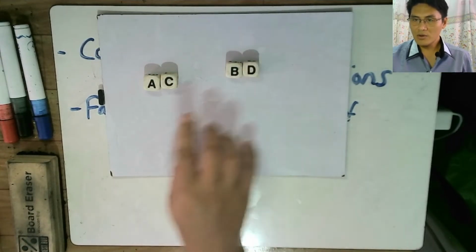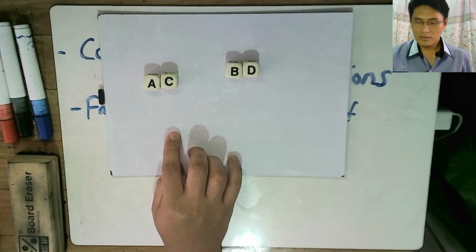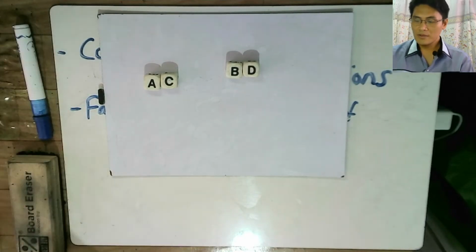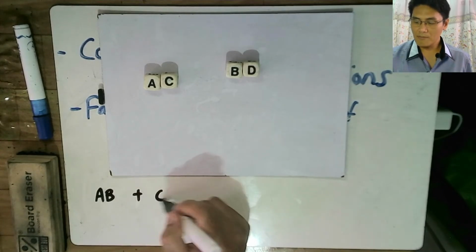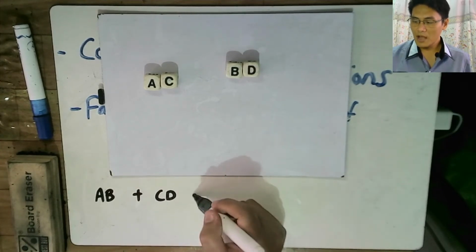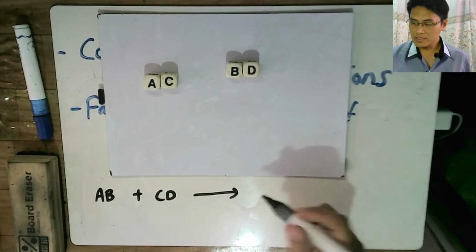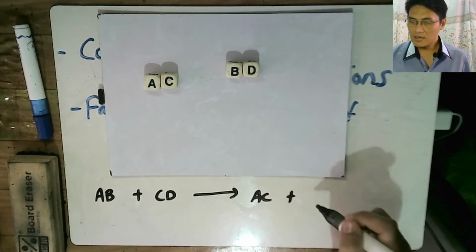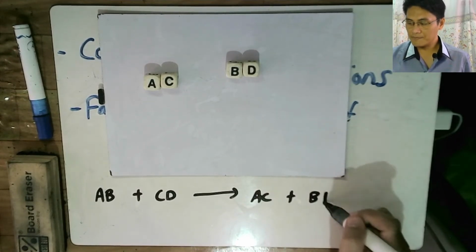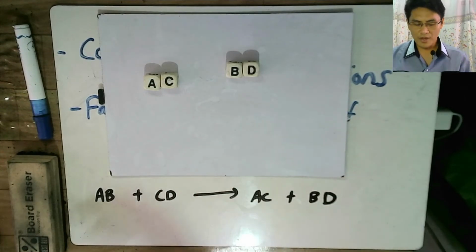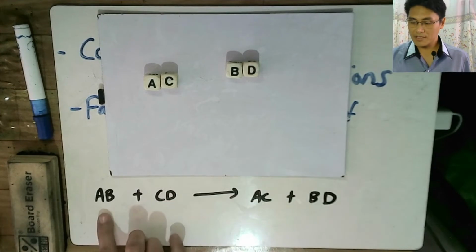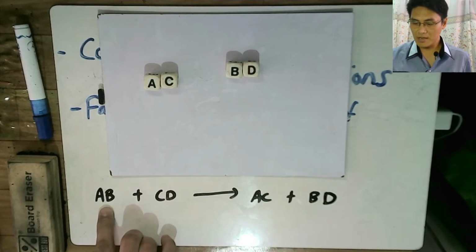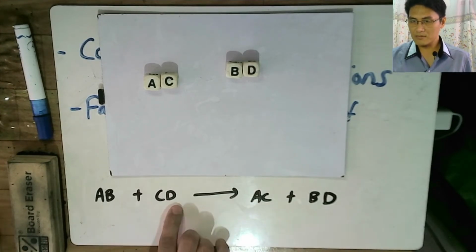So now you have a reaction where it took you from the compound AB, and then you added the compound CD, and then it gave you the new substances AC and BD, right? So again, all through that process, we had to break the bonds of the reactants. A and B must break apart. C and D must break apart.